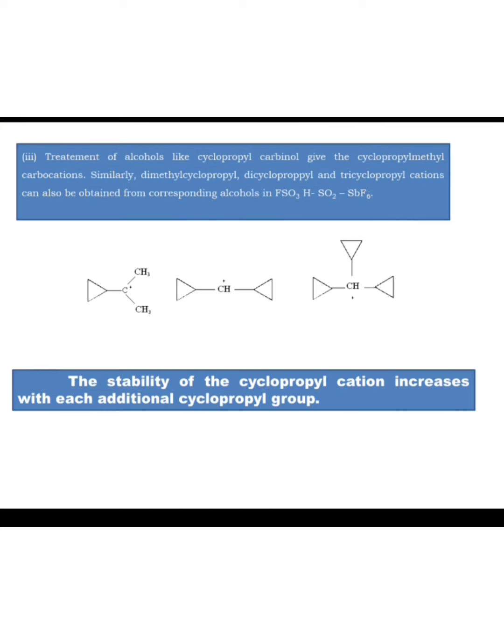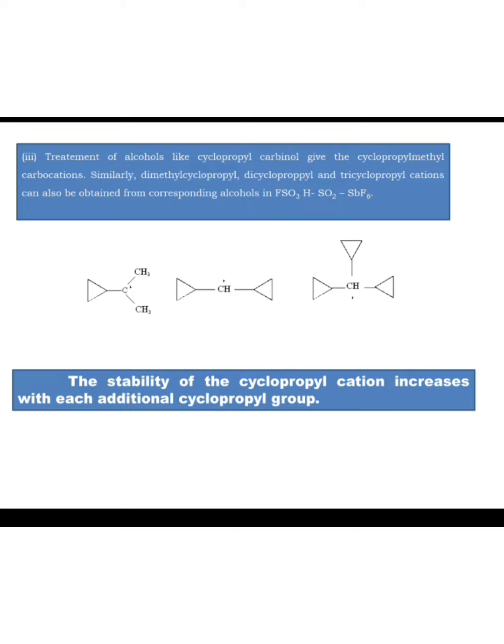And then next example is cyclopropyl carbocation. When the methyl group or alkyl group in a carbocation is replaced by a cyclopropyl group, then the stability of carbocation increases.